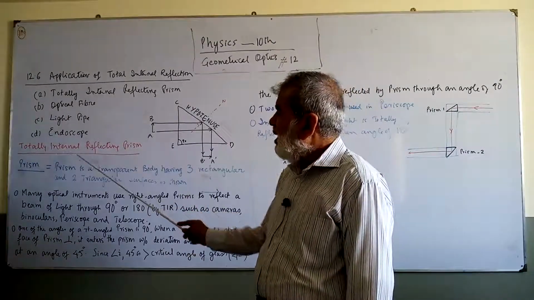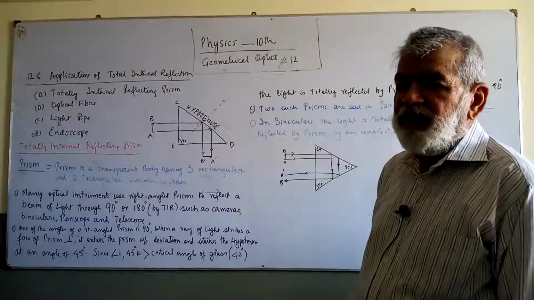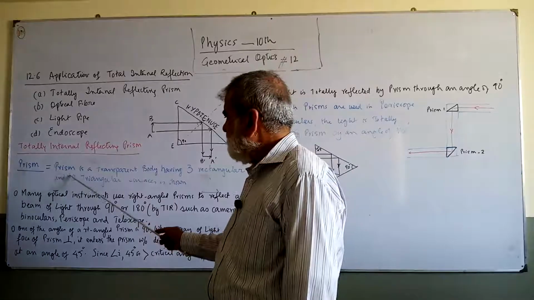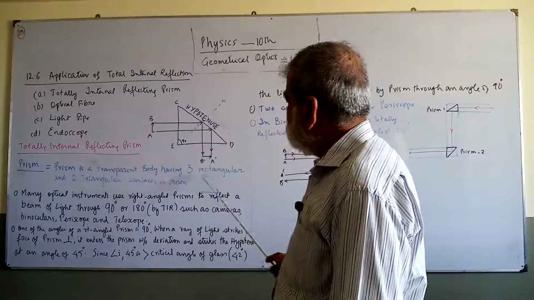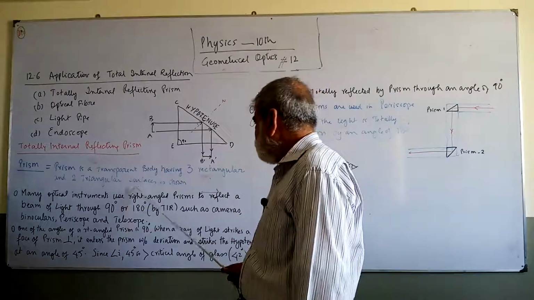The totally internal reflecting prism. First of all, please understand what is a prism. A prism is a transparent body having 3 rectangular and 2 triangular surfaces.